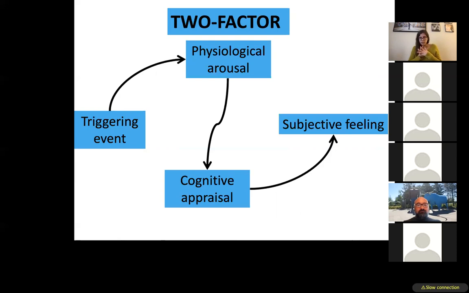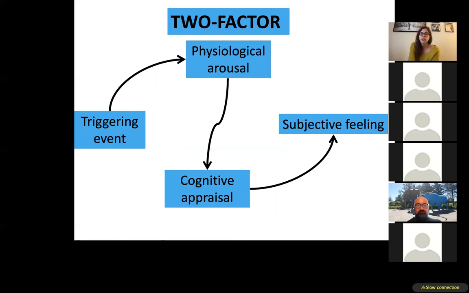Something important here that was missing in part in the other theories is that the physiological arousal is the same across emotions. What differentiates fear from anger, or sadness from embarrassment, is how the individual person interprets or perceives the environment.